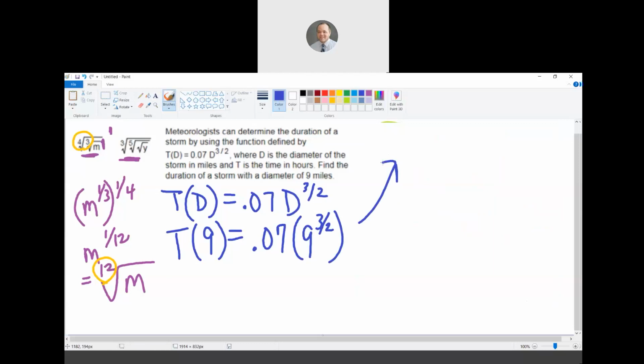Turning that into a radical, that's the same thing as square root of 9 cubed. Work from left to right, meaning you take the square root of 9 first, and that gives you 3, and then cube it. So that part is actually 27.